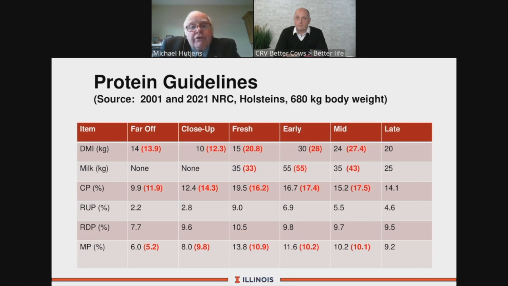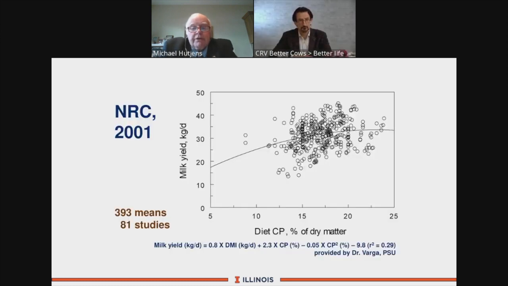If either one of those numbers is not correct, you will not get 1,200 grams of metabolizable protein. So it's a very busy table with lots of guidelines. We also have one for carbohydrates, but that one's a little bit more of a challenge, and that's another topic for another day. But certainly meeting these protein requirements is going to be important.